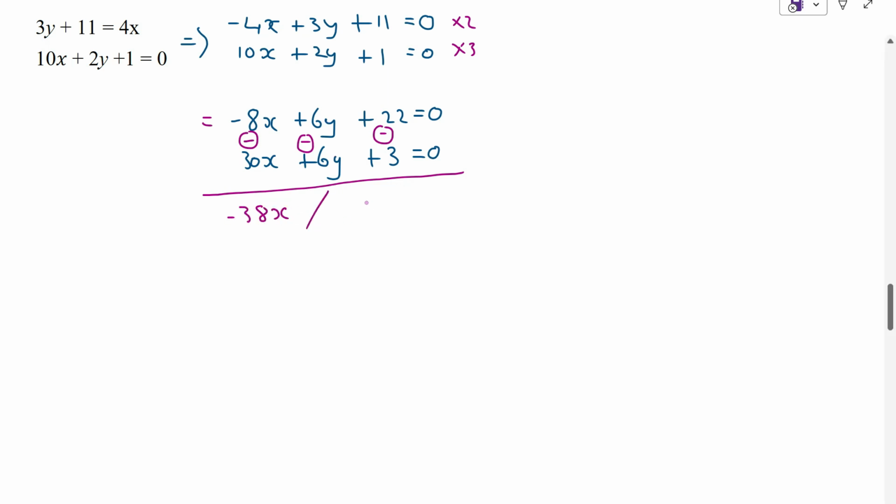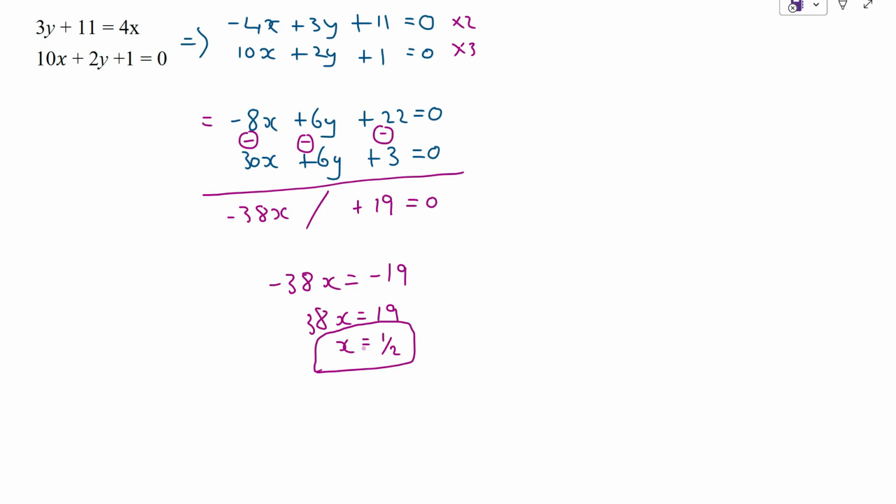This cancels to 0. 22 minus 3 gives us 19 equals 0. Okay, so minus 38x equals minus 19. 38x equals 19. X equals a half.